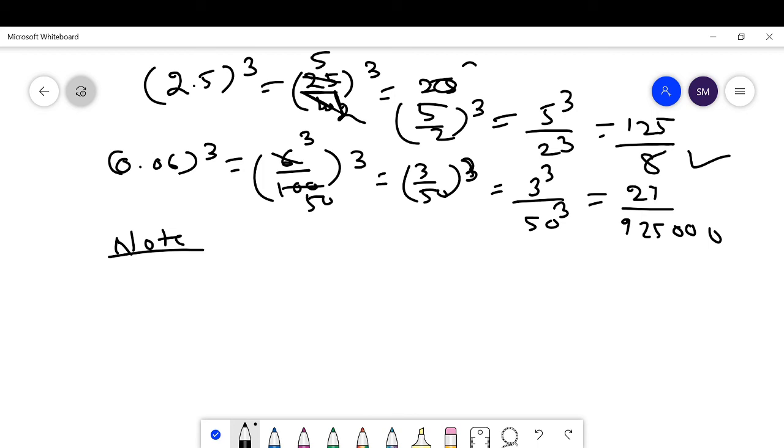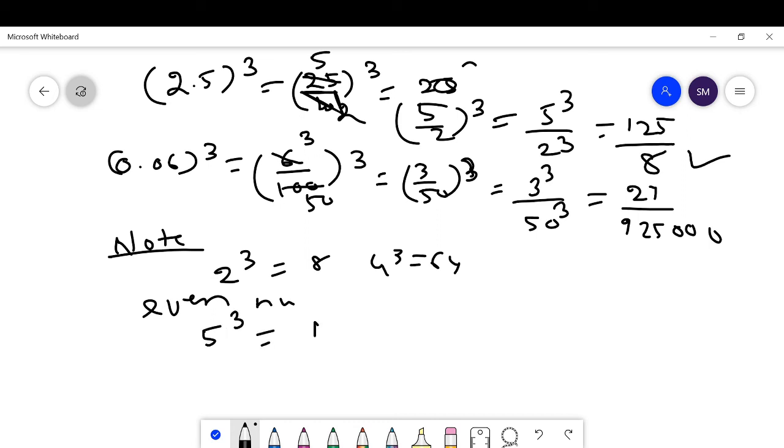Then note some little properties of cube. Cube of an even number is always even. 2 cube is 8. Not only that, 4 cube is 64. Cube of an odd number is always odd. 5 cube is 125. 3 cube is 27.